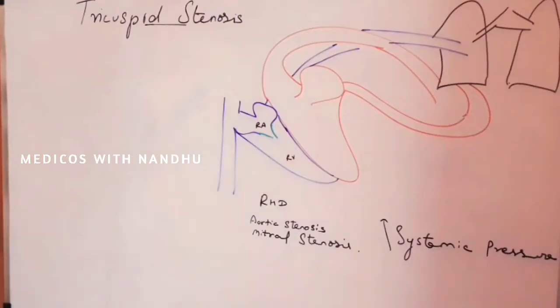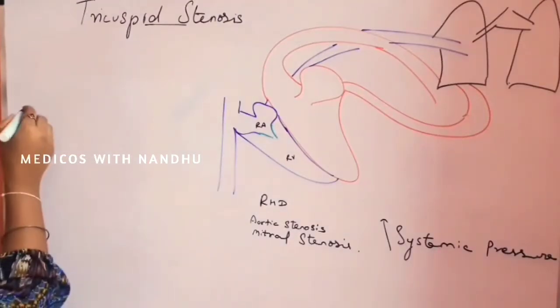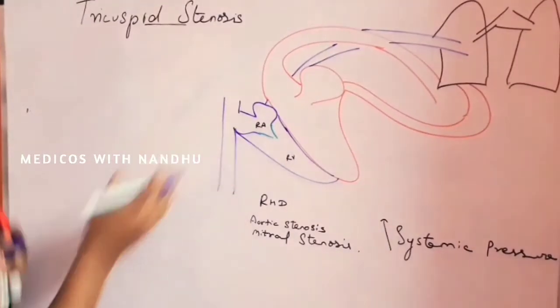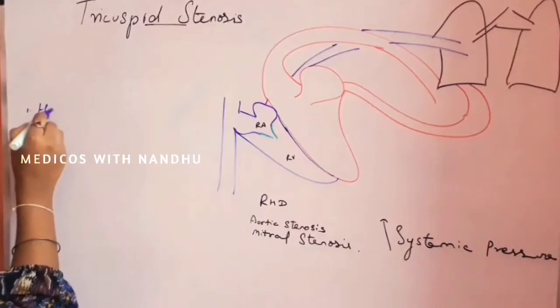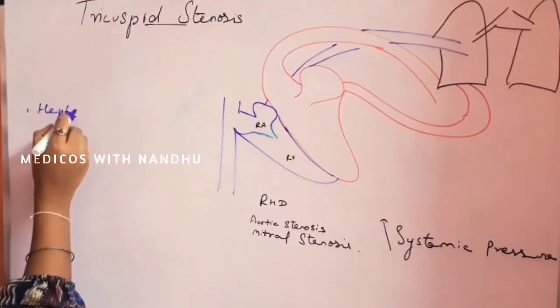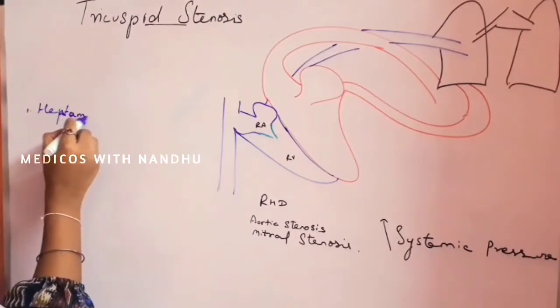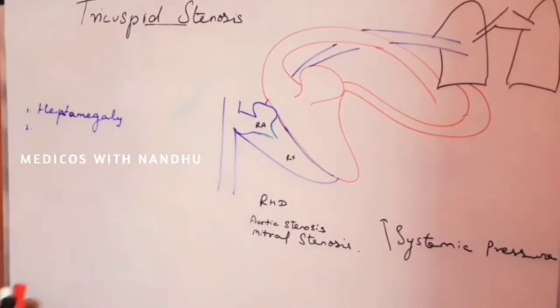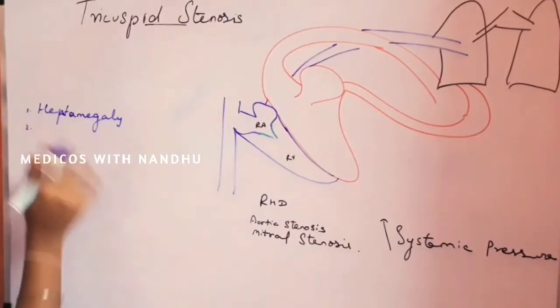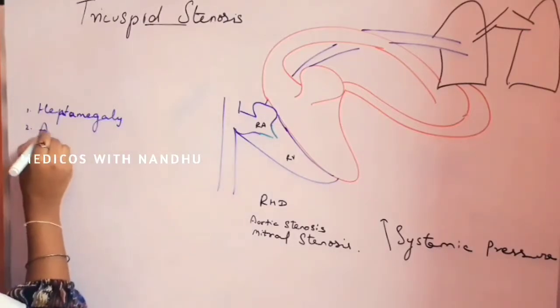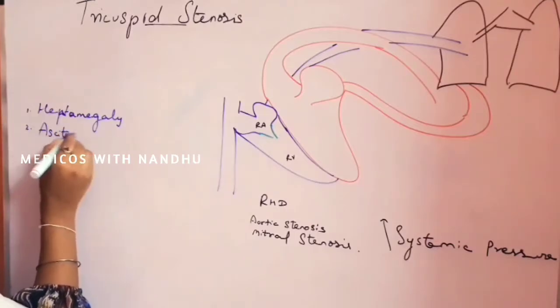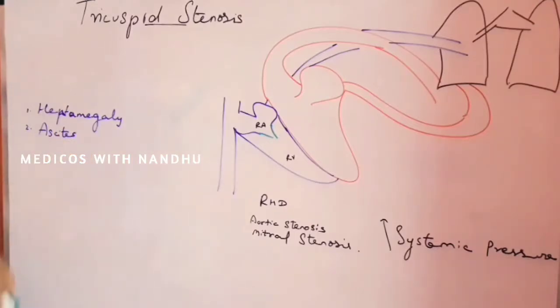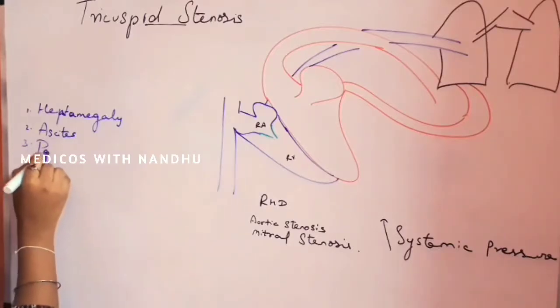Coming to symptoms. When the right heart fails, the symptoms are hepatomegaly, which is enlargement of the liver, ascites, which is fluid accumulation in the abdominal cavity, and the third one, peripheral edema.